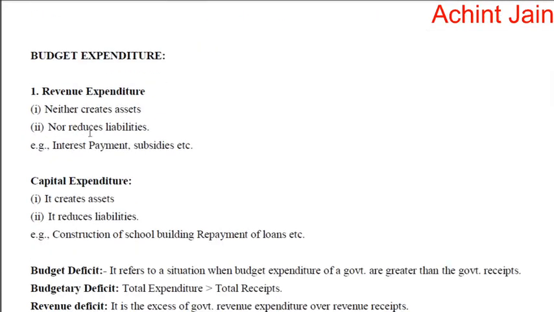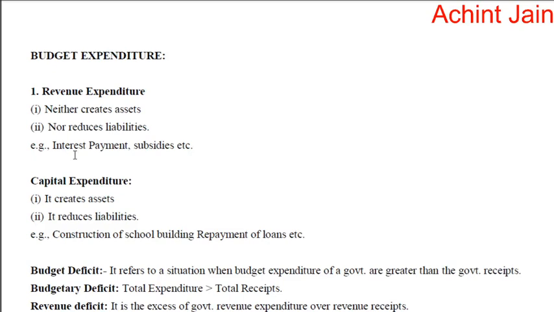Revenue expenditure neither creates assets nor reduces liabilities, for example interest payment, subsidies, etc. Overall we can say those expenditures which neither create any asset nor reduce liability of the government.